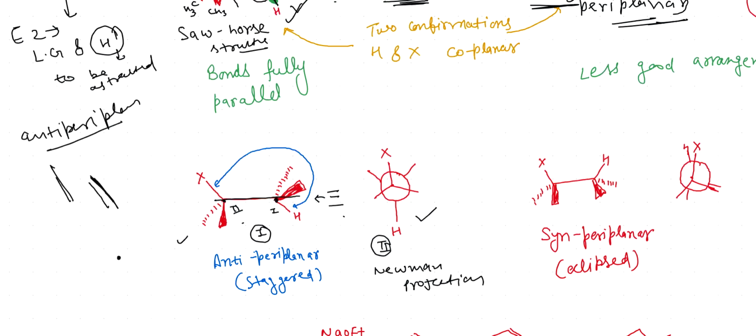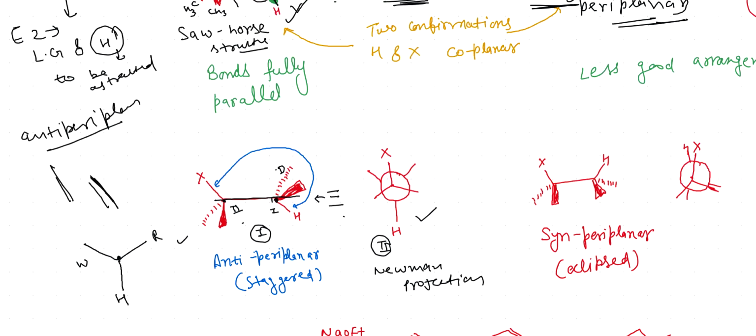Here the solid bond is in the downward side, so draw it in the downward side. Always draw wedges on the left side and the dashes on the right hand side. This carbon is attached with 2 methyl groups. Here is your hydrogen.